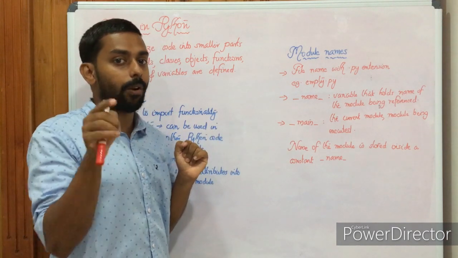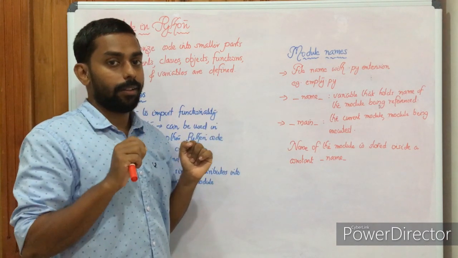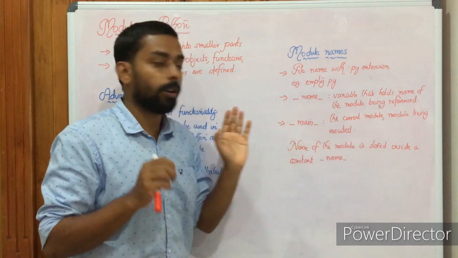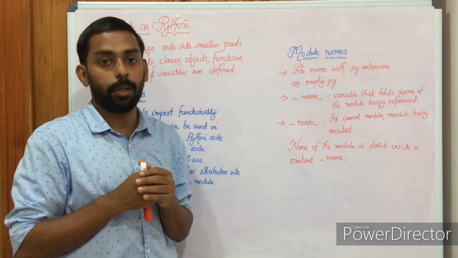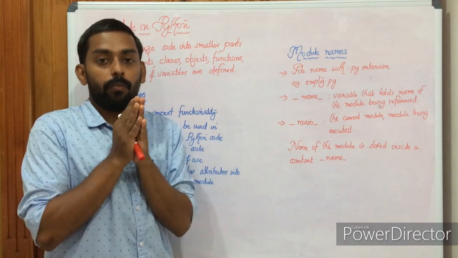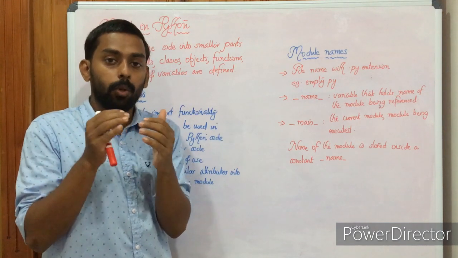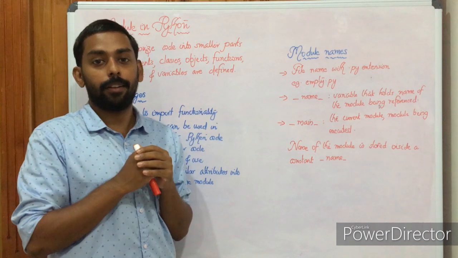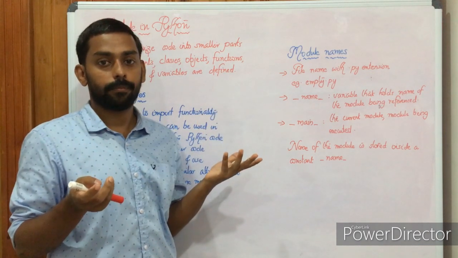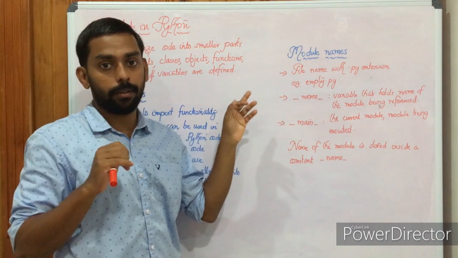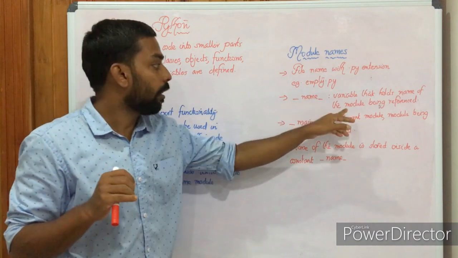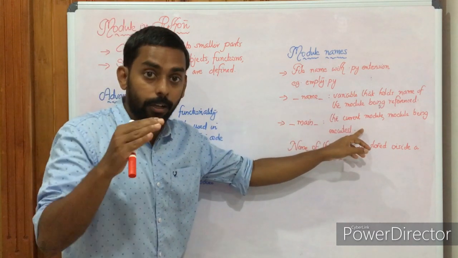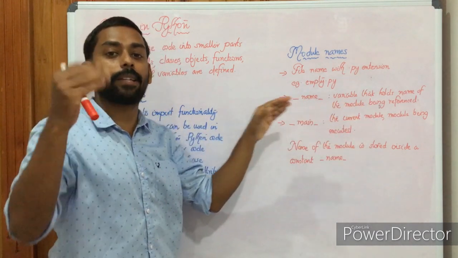What does that mean? We have already learned it. It is the current module, or the module which is being executed. So suppose a module empty.py is executed. What will be the value of __main__? It will be the name empty. So __main__ is the current module, or the module being executed.